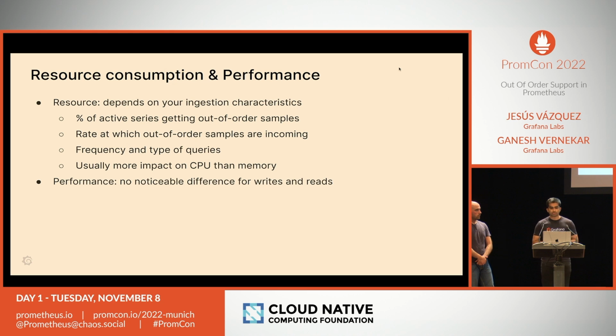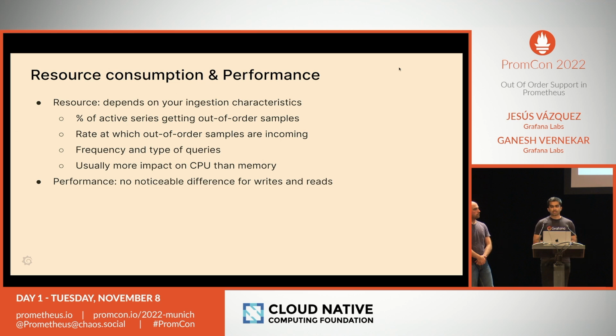And when it comes to performance, we haven't really seen any performance degradation as of now. We mostly tested this as part of Mimir, because we also added it in Mimir and we are running it in production. There we did not see any difference in the write latency or the read performance.